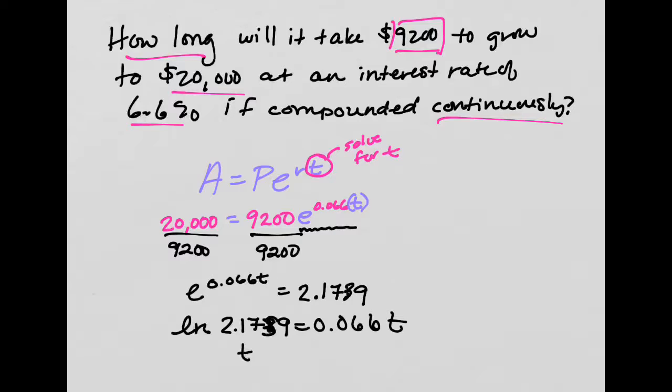And I get that t is approximately 11.8 years. So, 11.8 years, almost 12 years it'll take for that money to grow.